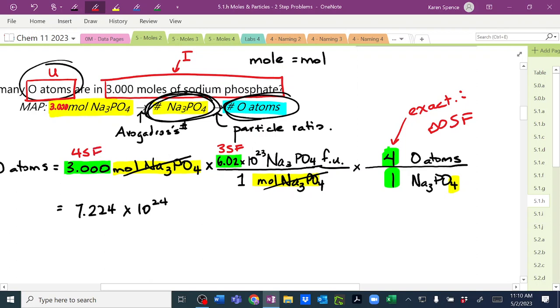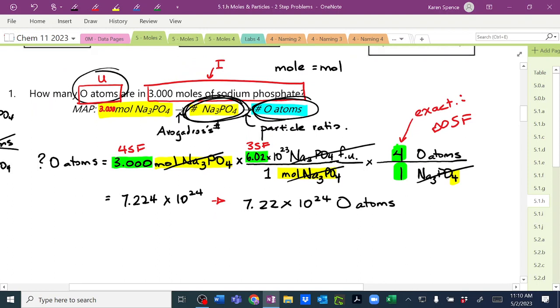So we round our answer to the smaller number of sig figs. So that's then going to become 7.22 times 10 to the 24. Let's not forget our unit. We go back and it is O atoms. Is good? Excellent.